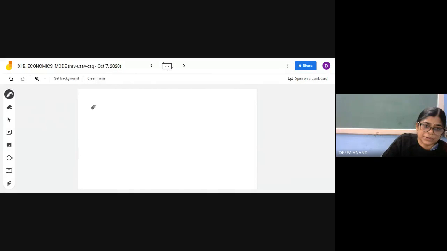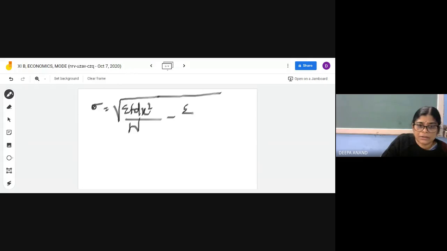So here standard deviation is equal to root of sigma f dx square upon n minus sigma f dx by n the whole square. Write it many times so that it will remain in your mind. This is the formula.